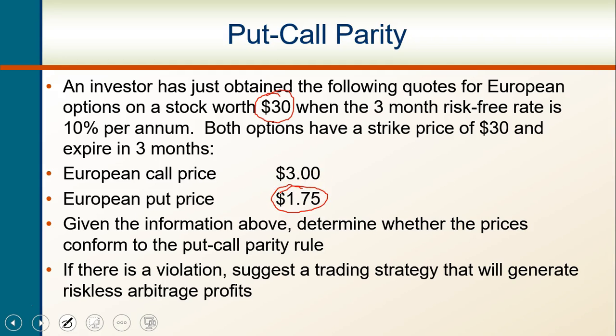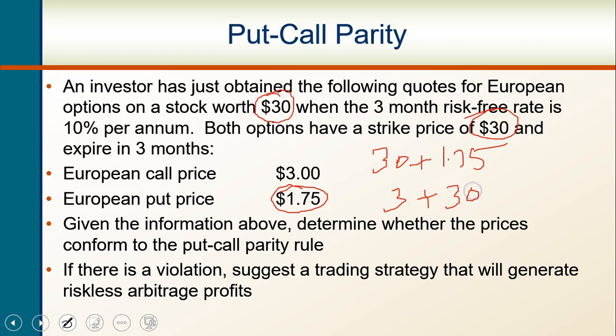So the left hand side would look like 30 plus 1.75, and the right hand side will look like the call option, which is $3, plus the present value of the exercise price. The exercise price is right here, $30.